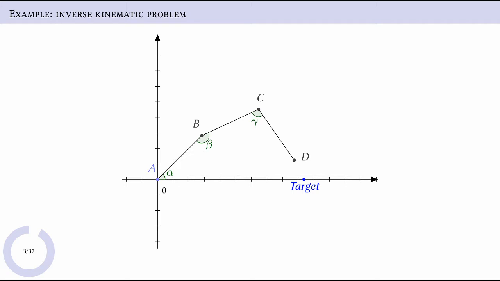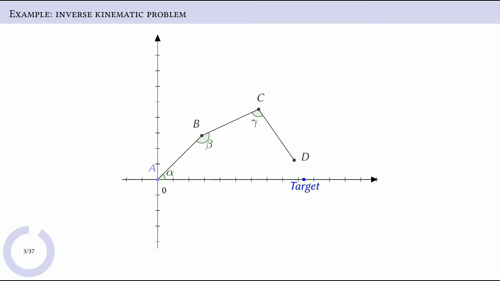Of course, in one direction the problem is really trivial. If we know the angles alpha, beta, gamma, and we know the lengths of all these three line segments AB, BC and CD, this is just basic trigonometry to compute the position and the orientation of point D. Strongly non-trivial is the inverse problem.